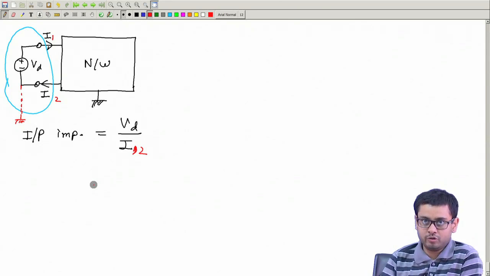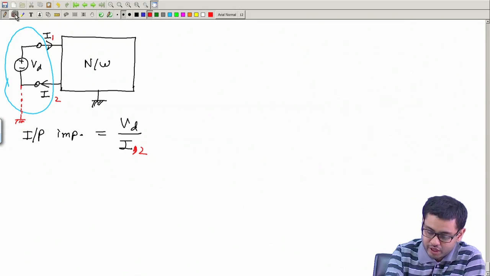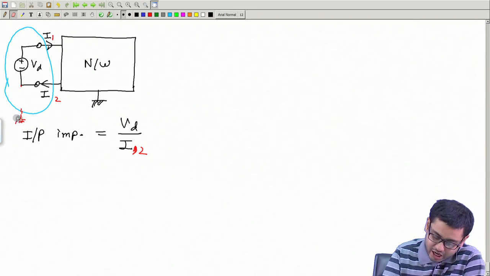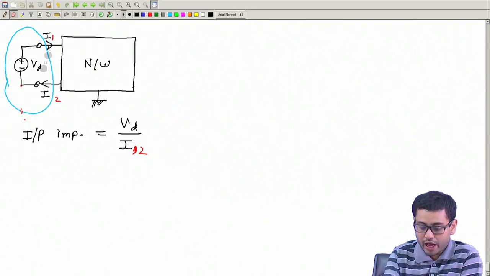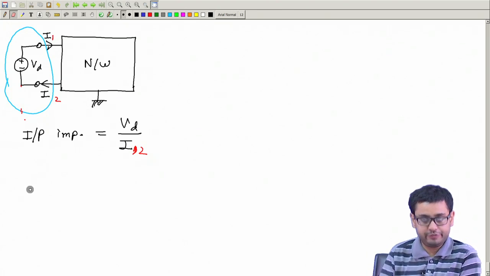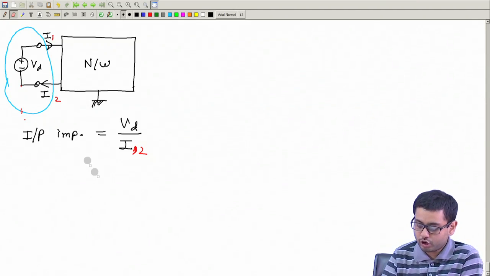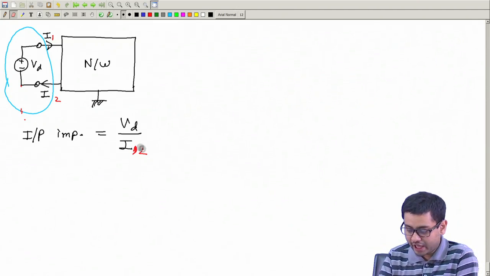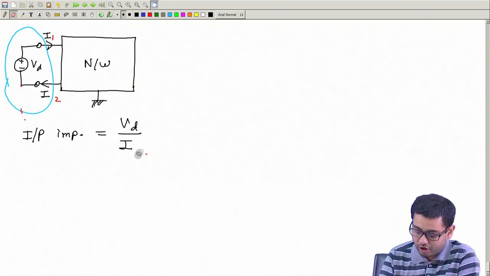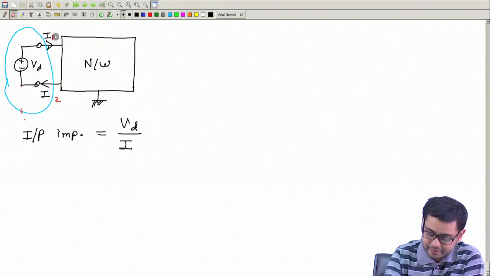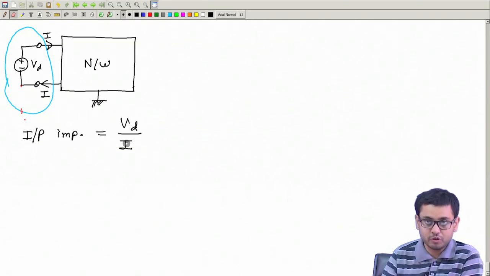I do not know. But when I do not have this ground, then I know I1 is equal to I2 definitely, and there is no confusion. You can put either I1 or I2, or just call them I.